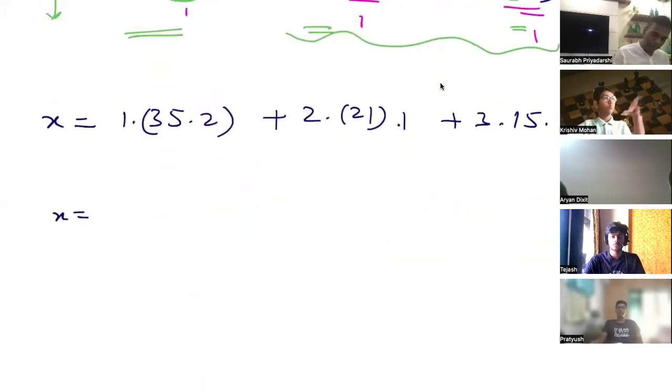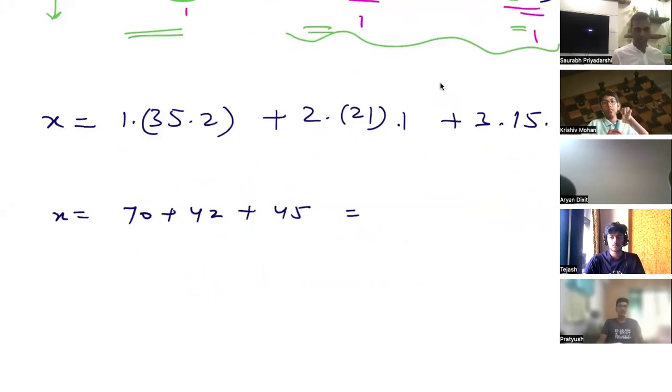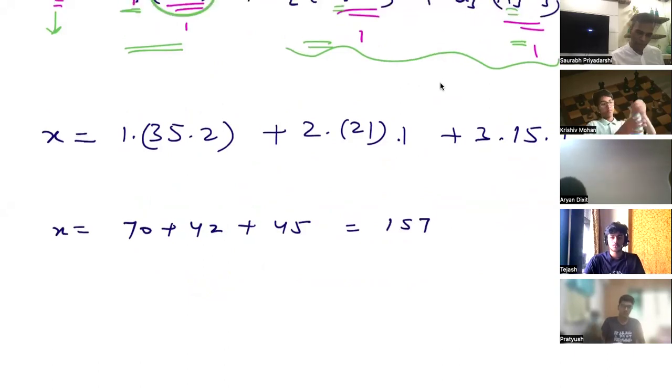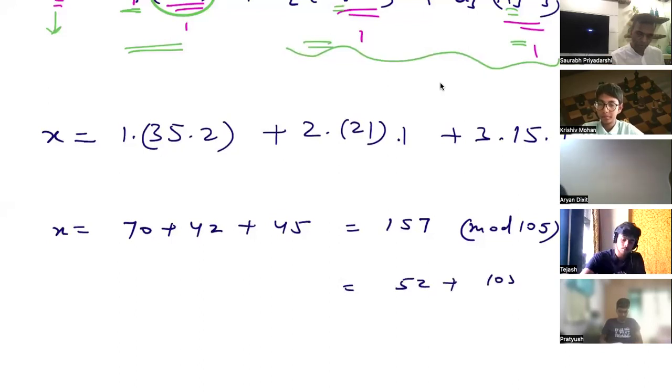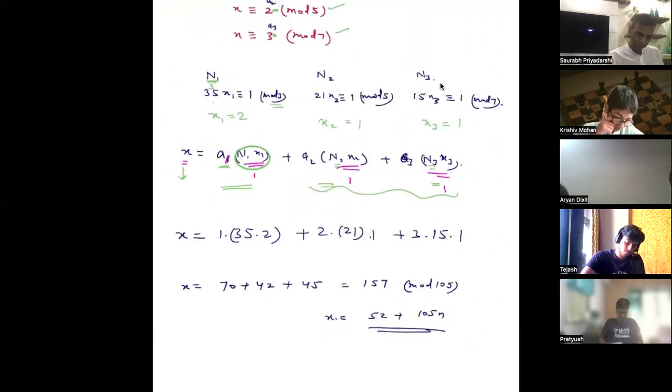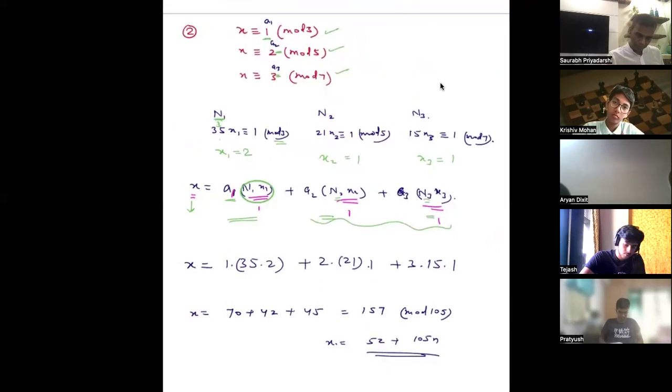So this x is nothing but 70 plus 42 plus 45. How much did it come? 157 mod 105. So what number are we getting? 52 plus 105. Okay, everyone?